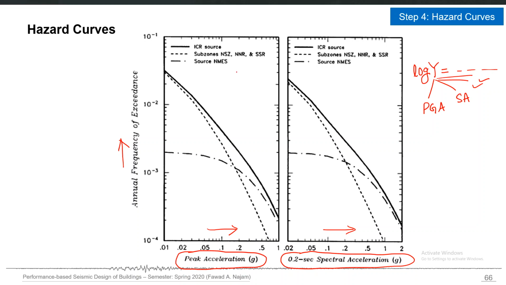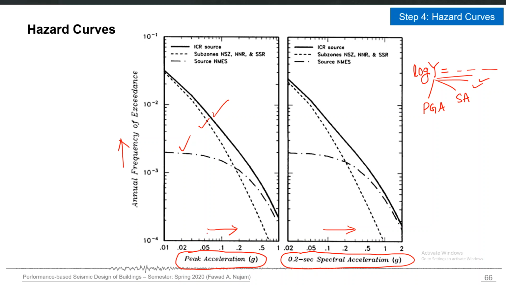So this hazard curve will be different for different sources, and you will also combine them to get one final hazard curve. So you can see here that these lines can be from different sources, and they will tell you the relative contribution of different sources in the final hazard value.